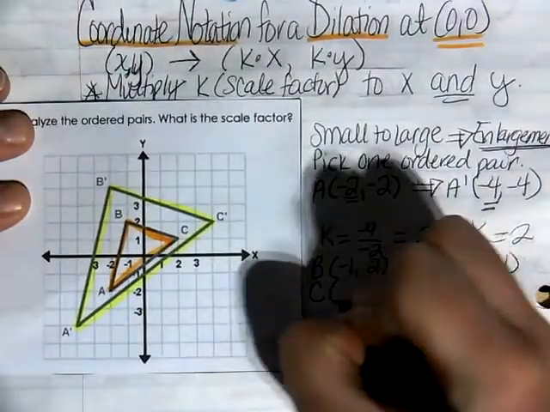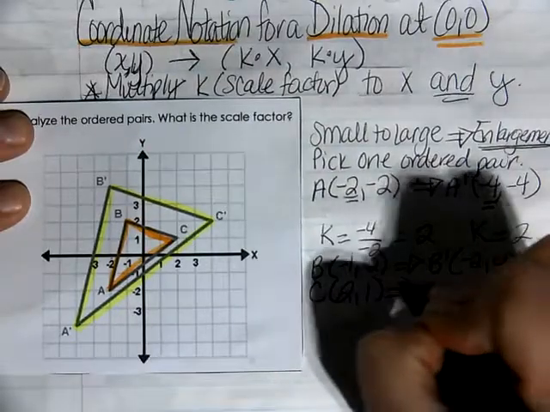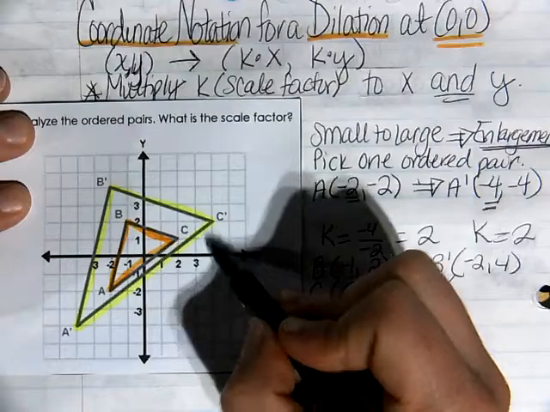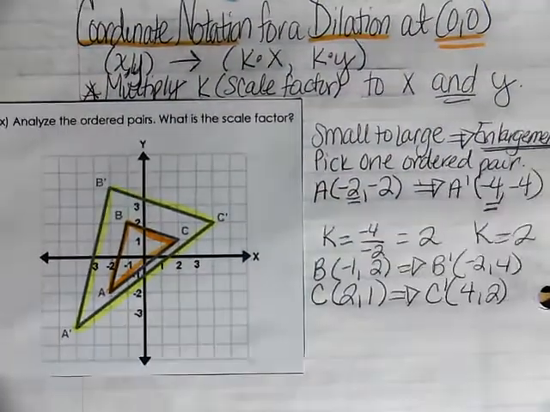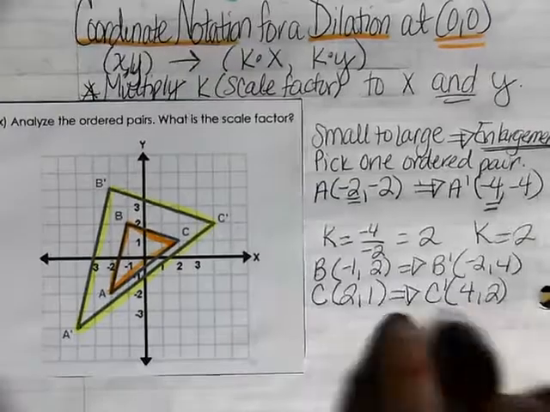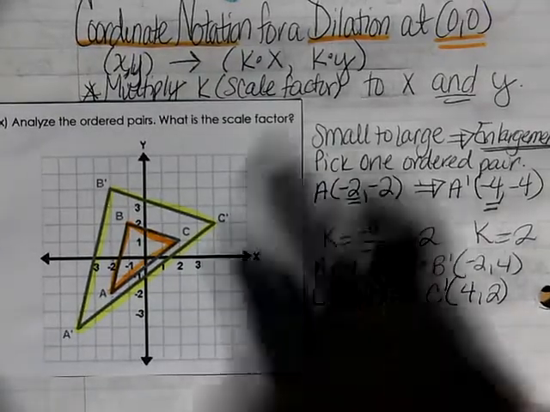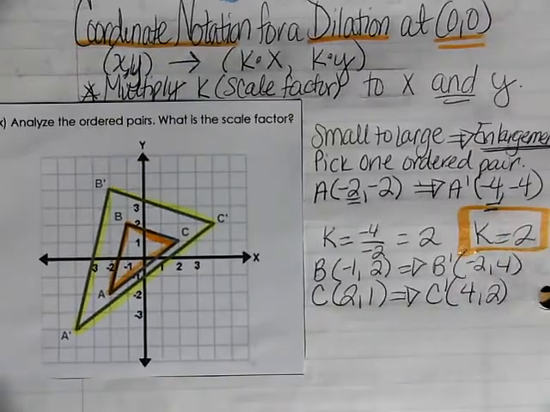Same thing is true for C. C is located at 2, 1, and it changed to C prime, which is located at 4, 2. What we see over and over again is that C prime is twice as big as the point that came before. Therefore, our scale factor is 2.